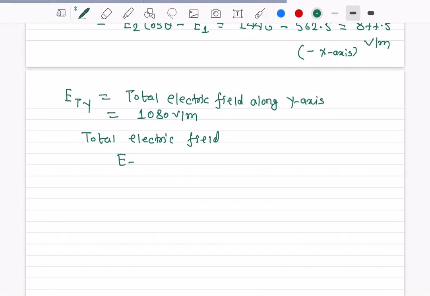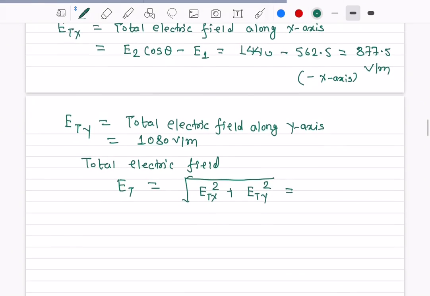The total electric field ET will be given as the square root of ETX squared plus ETY squared.